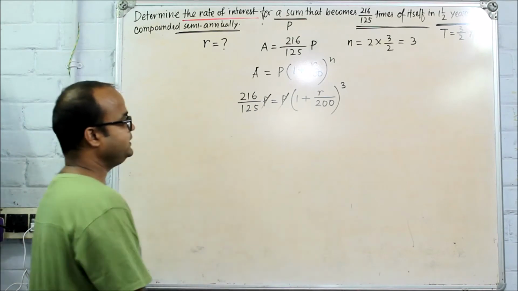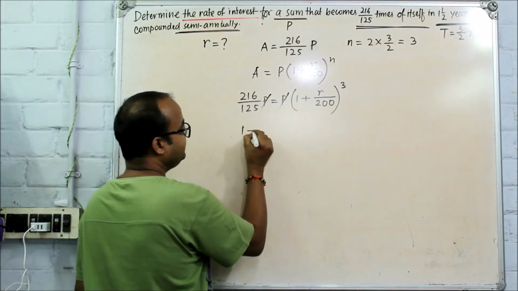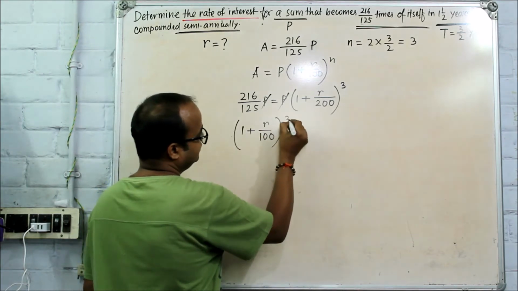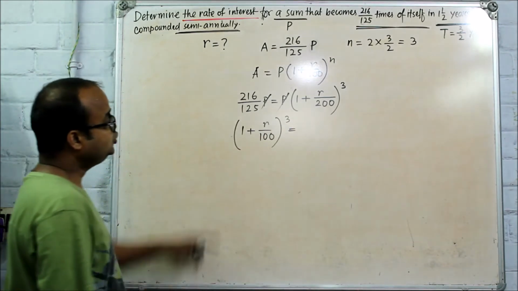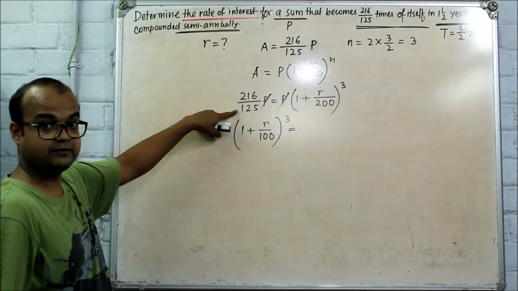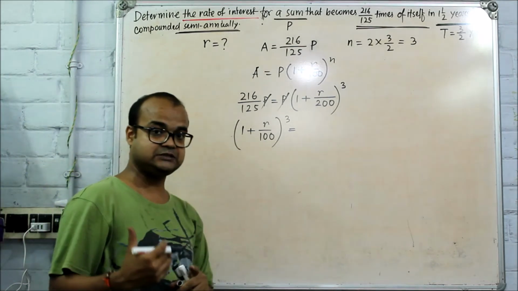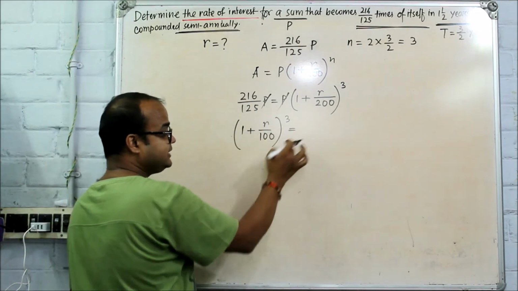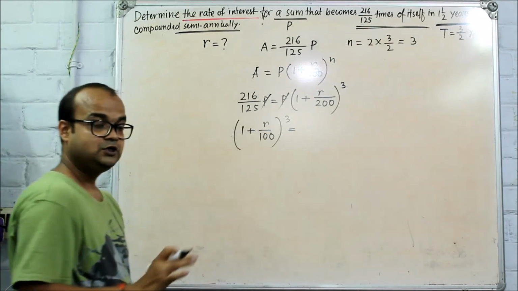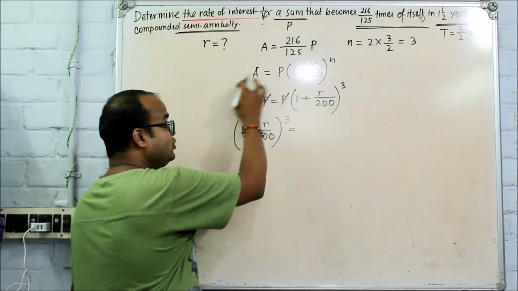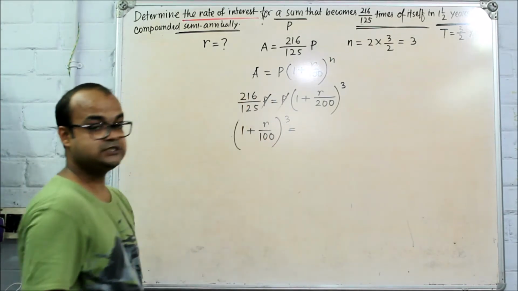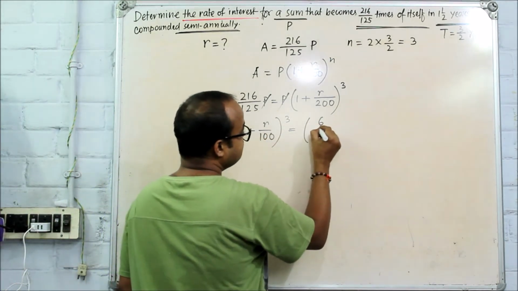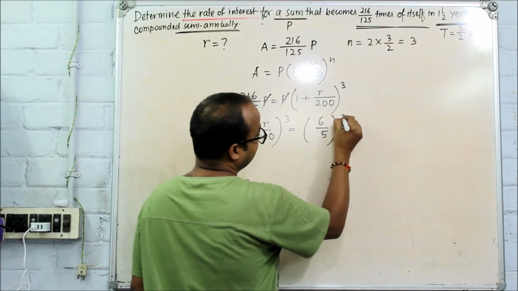We cancel P and P. So 1 plus R by 200 to the power 3 is equal to 216 by 125. If you remember the last term we discussed, I told you each and every time you will get this kind of form, you can always write this term 216 by 125 or any number as 6 by 5 to the power 3.